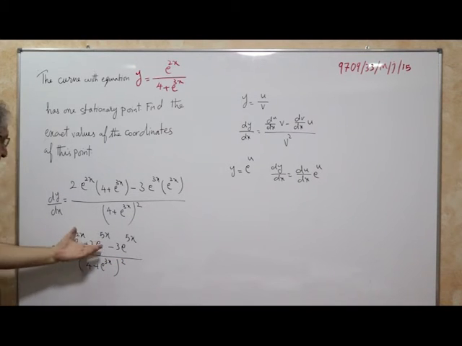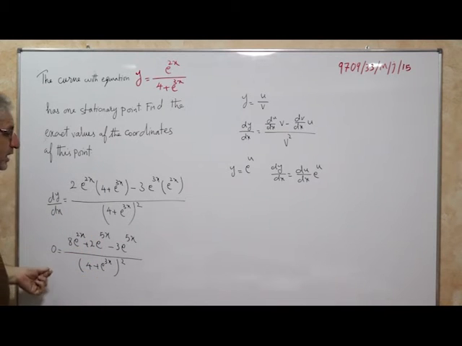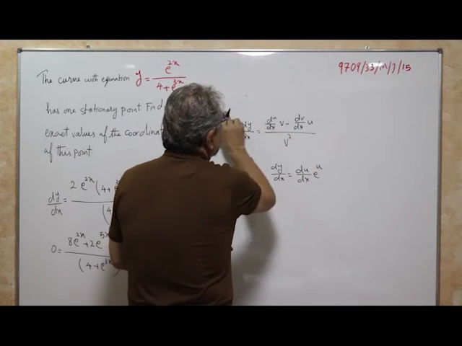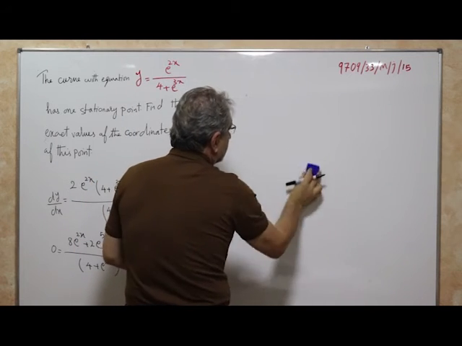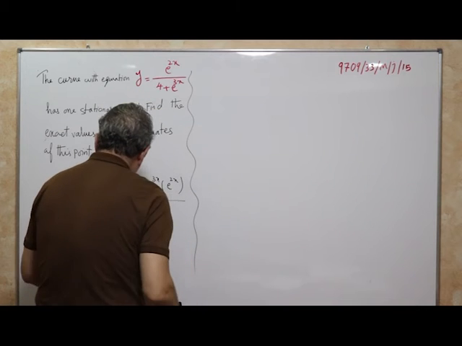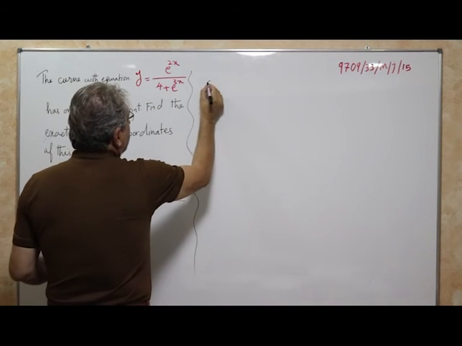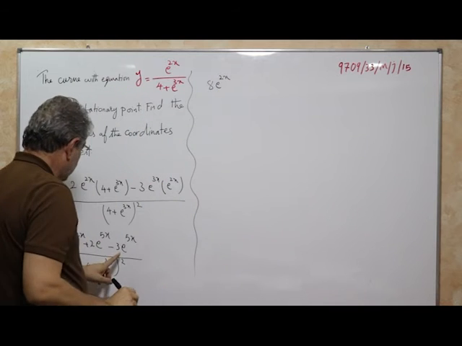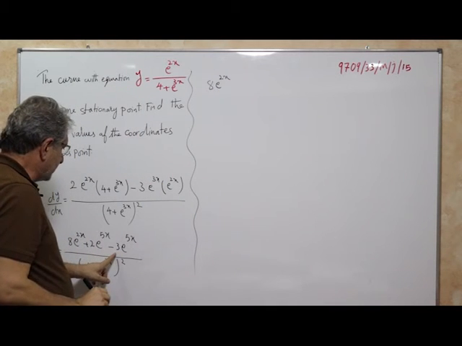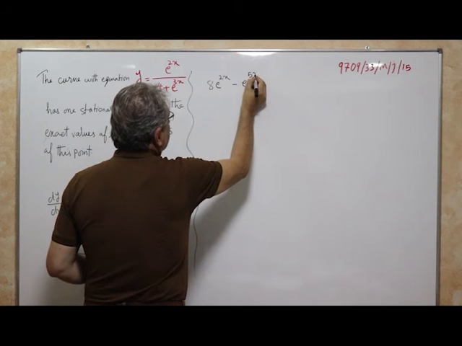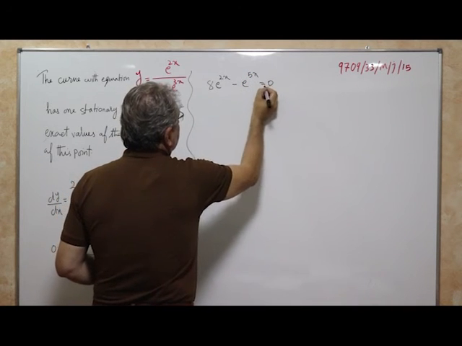Now, this is 0, therefore the numerator should be 0. So let's see what we are going to get. This is 8 e to the power of 2x, and 2 minus 3 is minus 1, so minus e to the power of 5x is equal to 0.